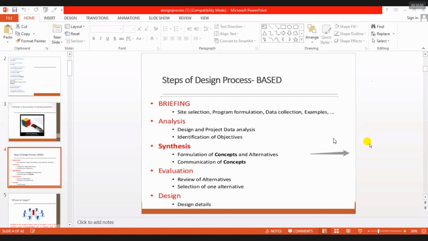Your question is, what is architectural theory? Architectural theory is, we can say, the design philosophies that have been used in history, or we can say it's taught in all architectural schools.